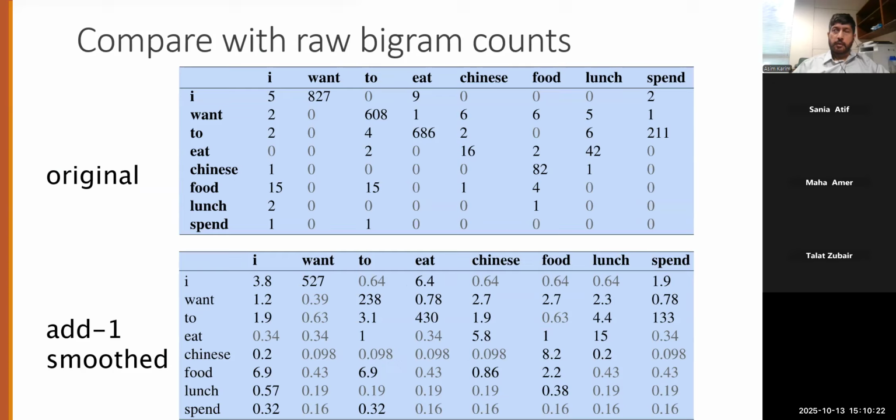So this is where you see that I think the top matrix is the original counts and the bottom ones are the reconstituted counts.